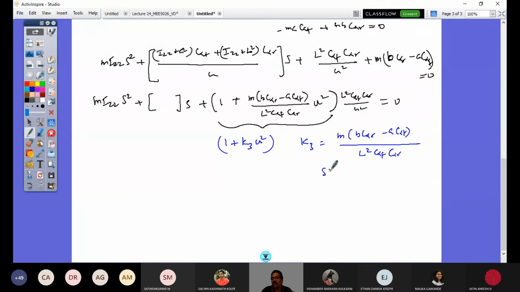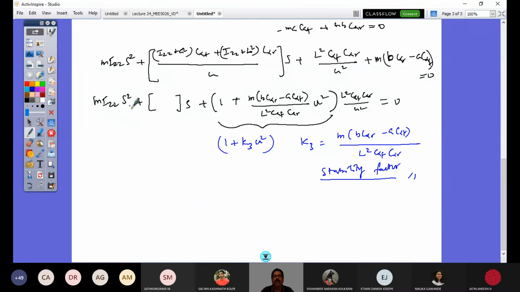So this is the characteristic polynomial equated to 0, giving you the characteristic equation, and in that characteristic equation you are now expressing this as an algebraic equation. It's a quadratic equation, so you have the S squared term, S term and the constant term, and equating this to 0, I can get two roots.